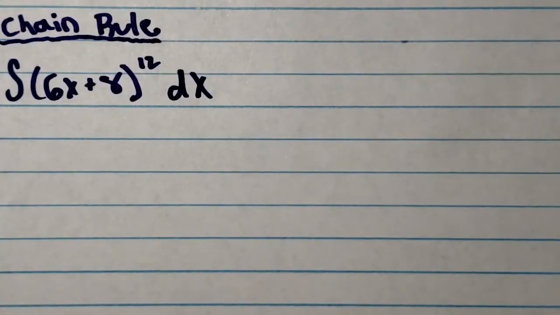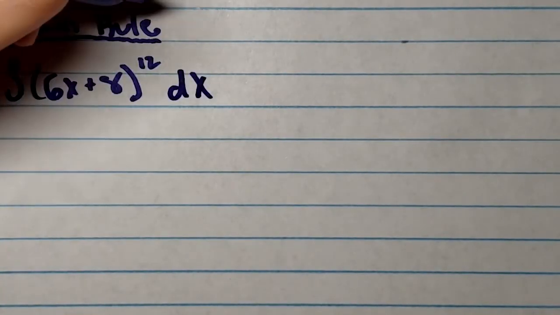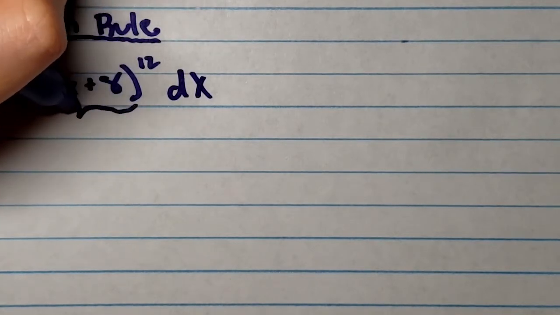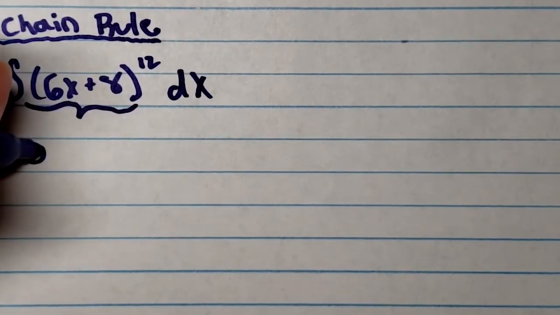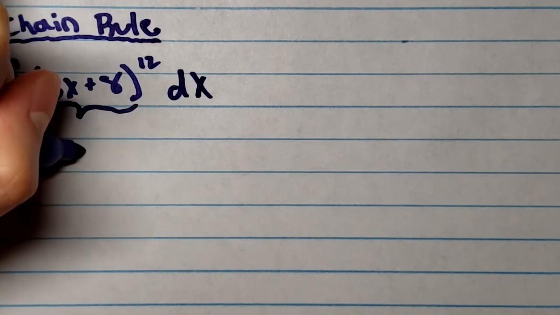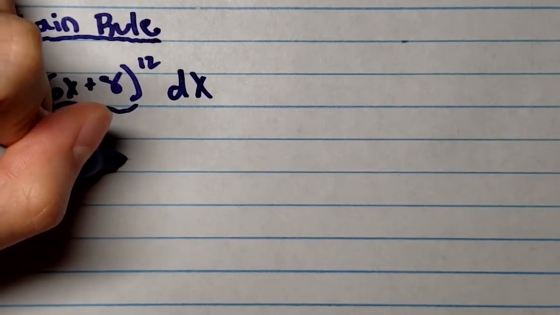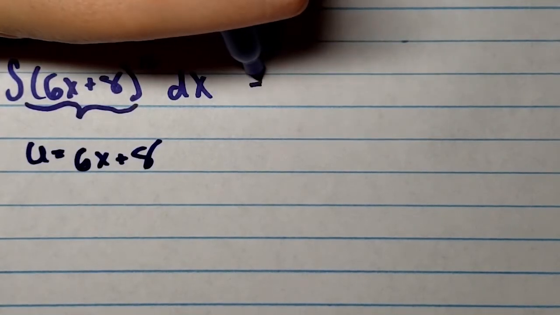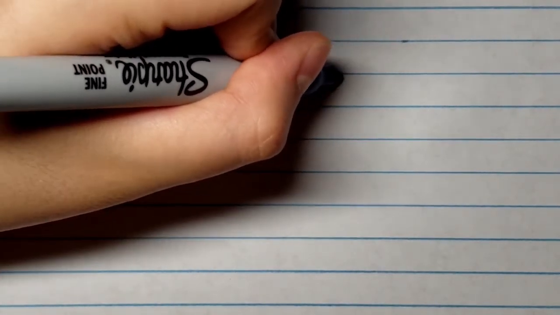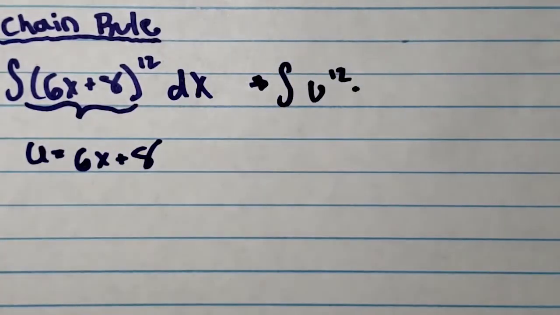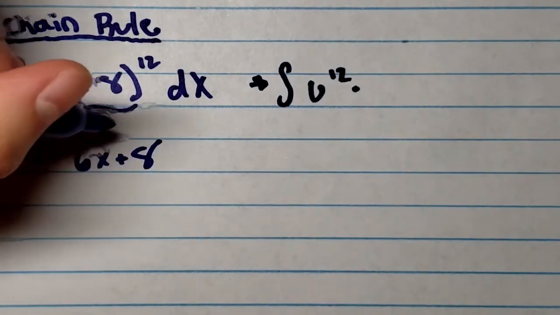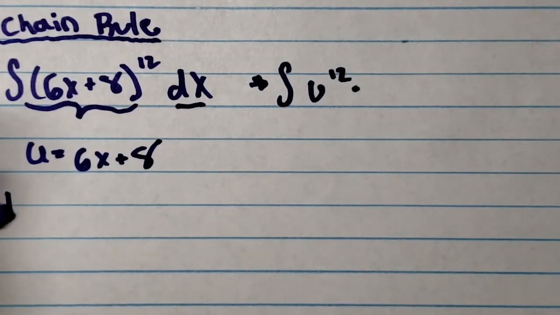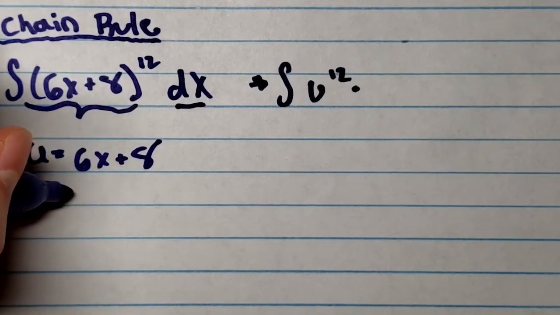Over here, we have an equation where you would use the chain rule to solve. So as you can see, I'm substituting the inside term as u, and by doing so, you would get the integral u to the 12th power times dx.